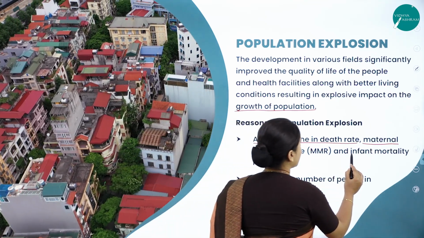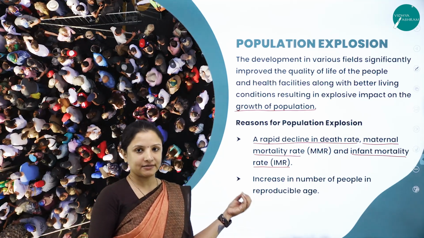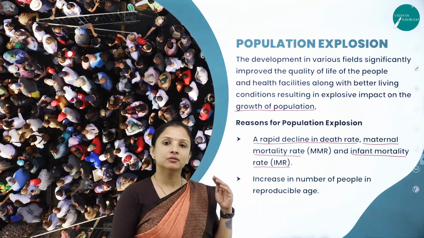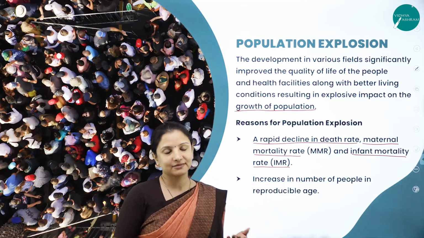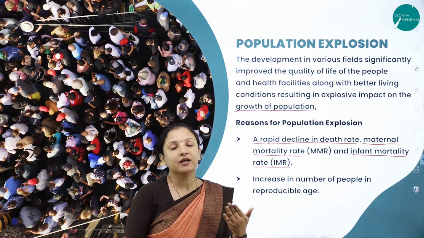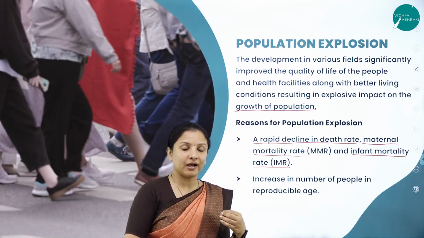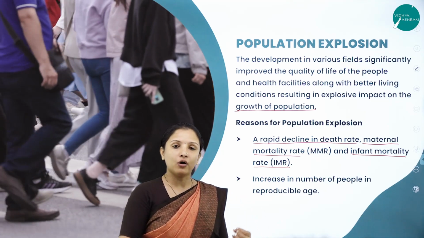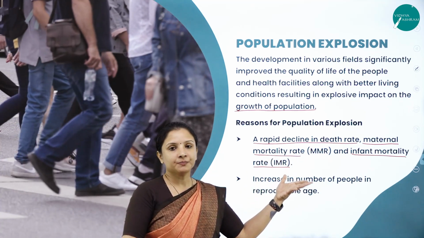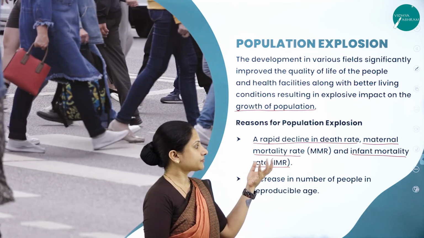And also the infant mortality rate declined, and the death of infants, that is the babies, soon after birth drastically came down because of the improvement in the field of medicine, science and technology. Nowadays if the baby is having any problem, it can be found out first itself when the baby is in the mother's womb, and corrections can be tried, or as soon as the baby is delivered, if the baby has jaundice or something, it can be corrected in the hospital itself.